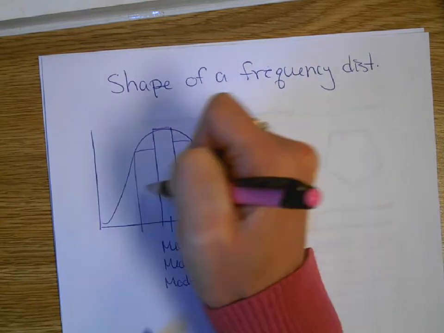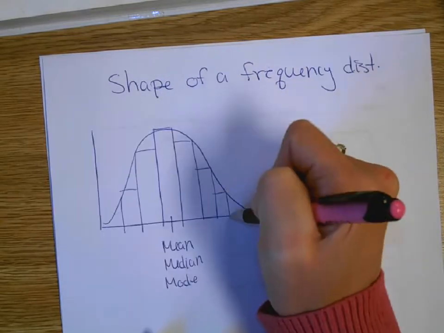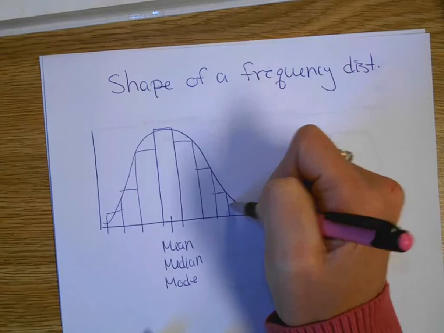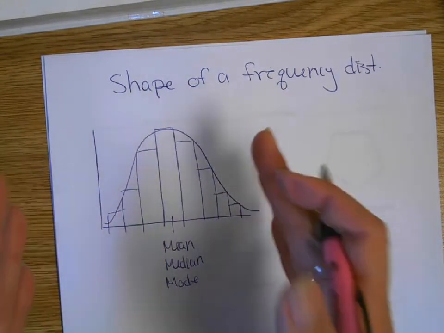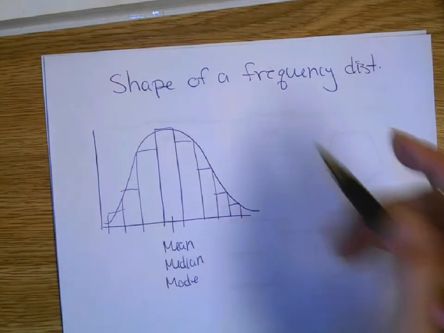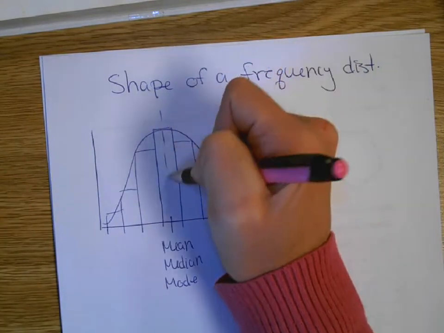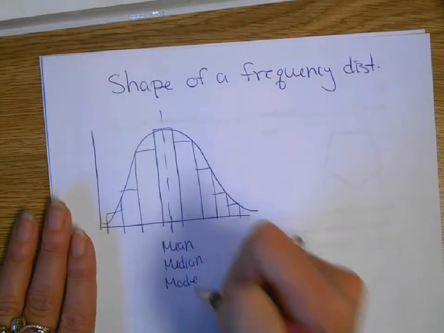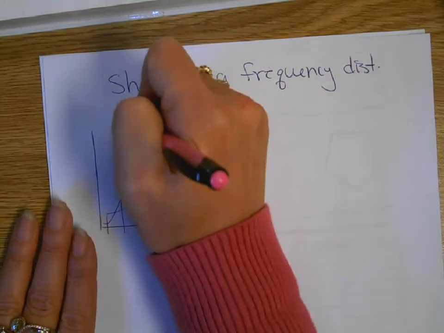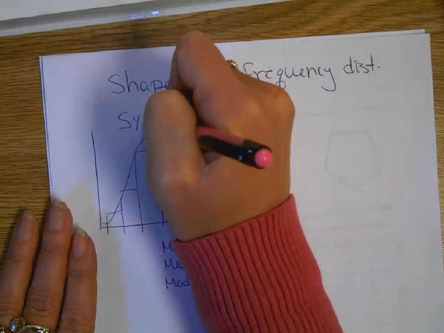Doesn't have to be perfect, but it's high in the middle and it slopes down on each side, pretty symmetrical. And when that happens, the shape is called symmetrical. So when your mean, median, and mode are all pretty close to the same thing, you get symmetrical.